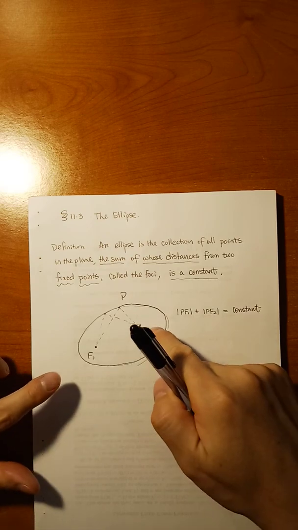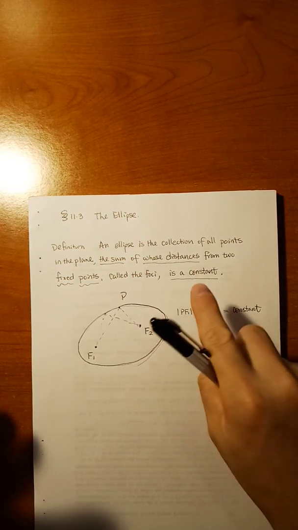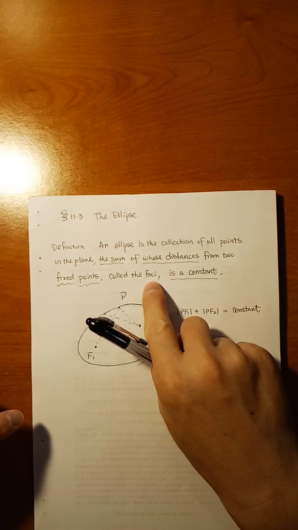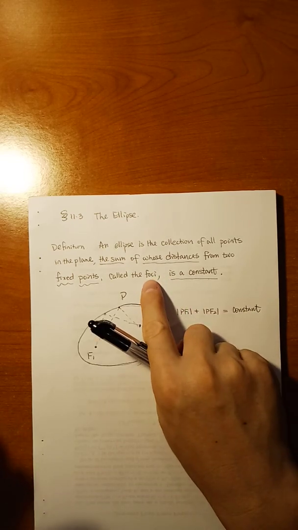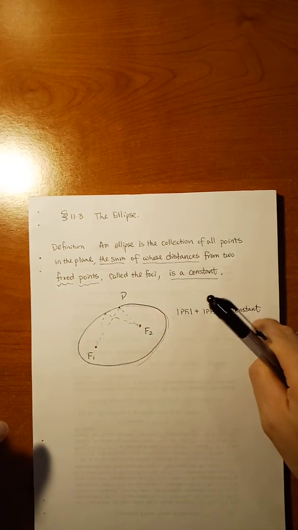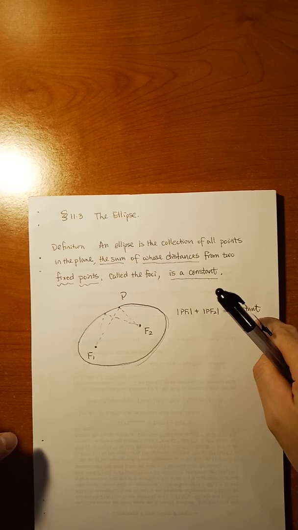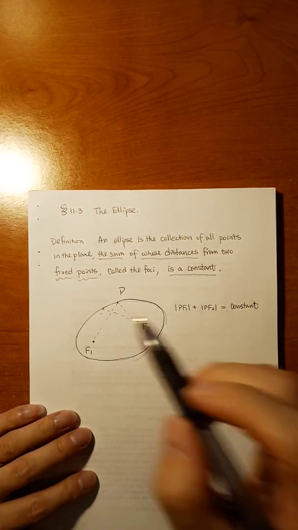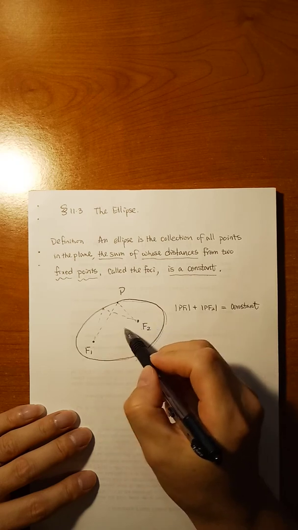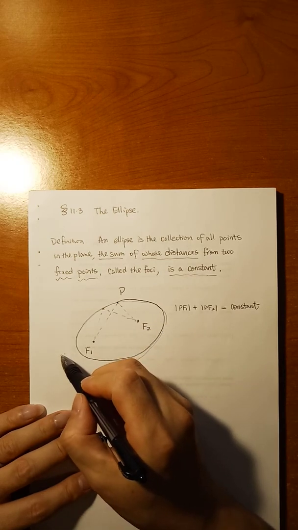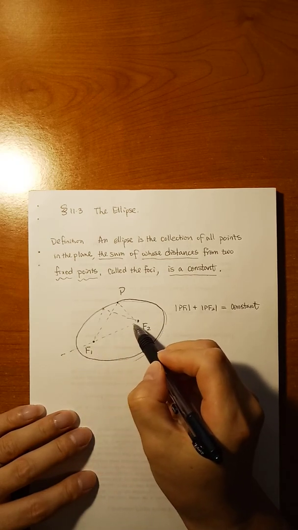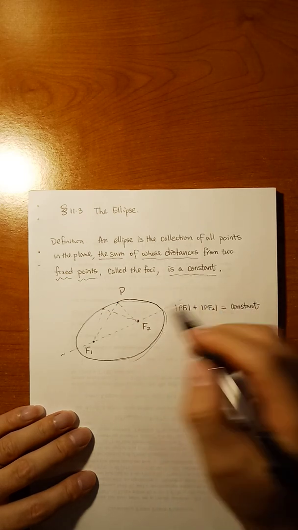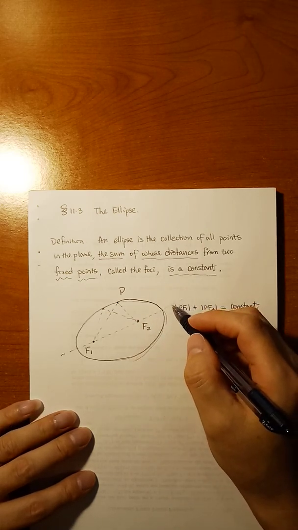For one ellipse, there are two focuses. The plural is the foci. There are two foci, and the sum is a constant. That's it. Now there are some concepts. Those two points, two foci, determine a line.